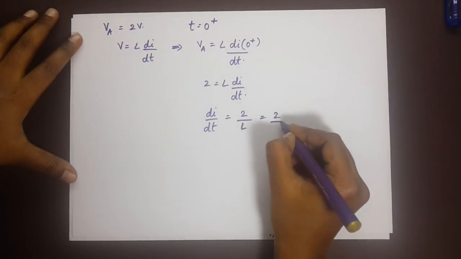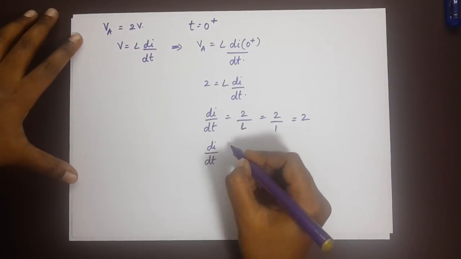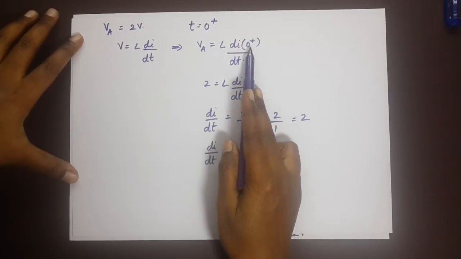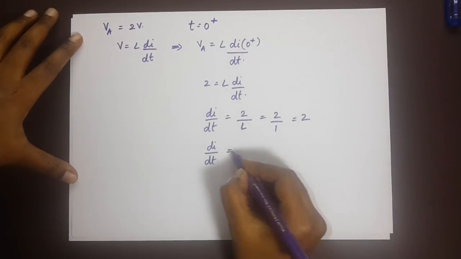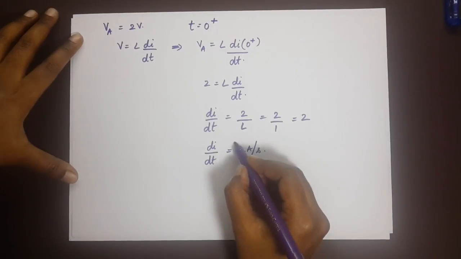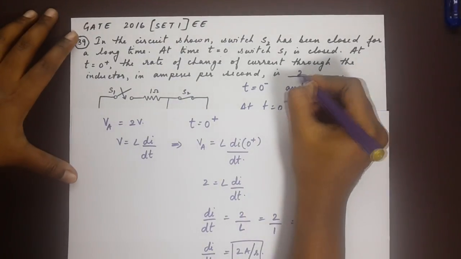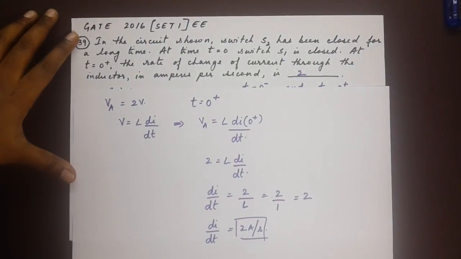So that's 2 divided by 1, which is 2. So the rate of change of current at time 0 plus is 2 ampere per second. So this is the final answer, 2. I hope this has helped.